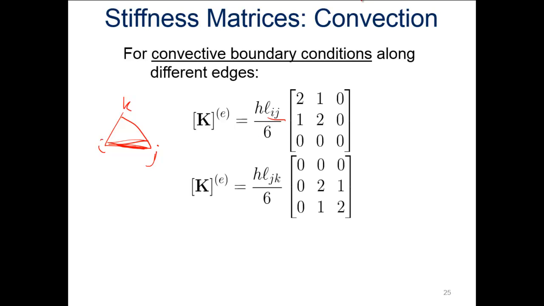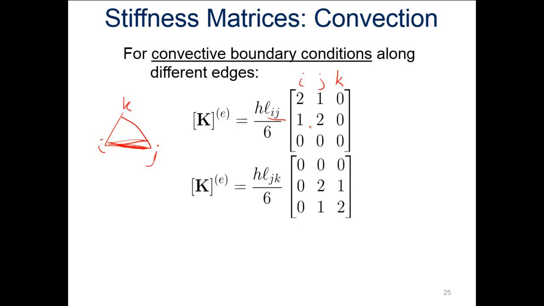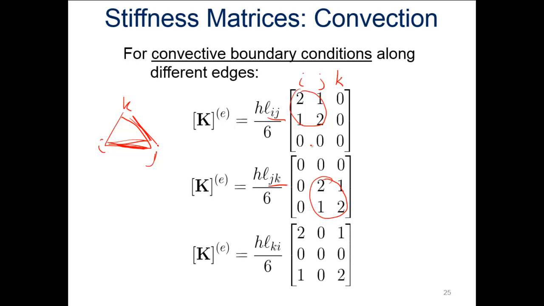Because again here, we'd have I, J, and K. So we'd include these four here for I and J. If we're on the JK edge, we're going to include just the ones down in this corner. And if we're at the KI edge, right here, we're going to include the ones up in the corners. All right, so those will be added into the conductance matrix, as we did with the rectangular element.